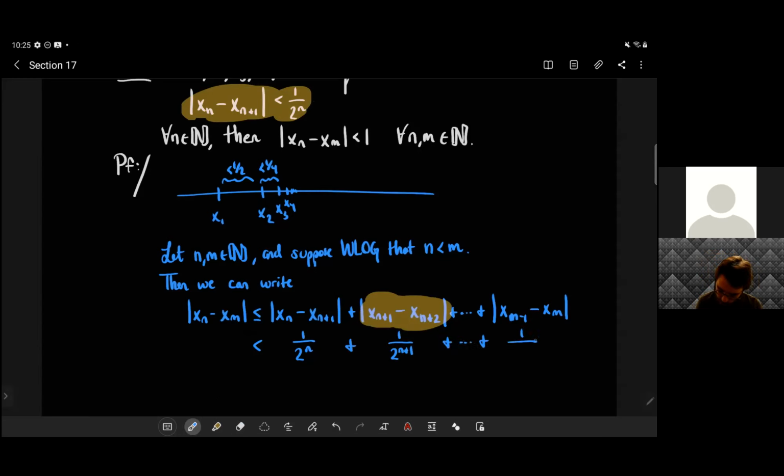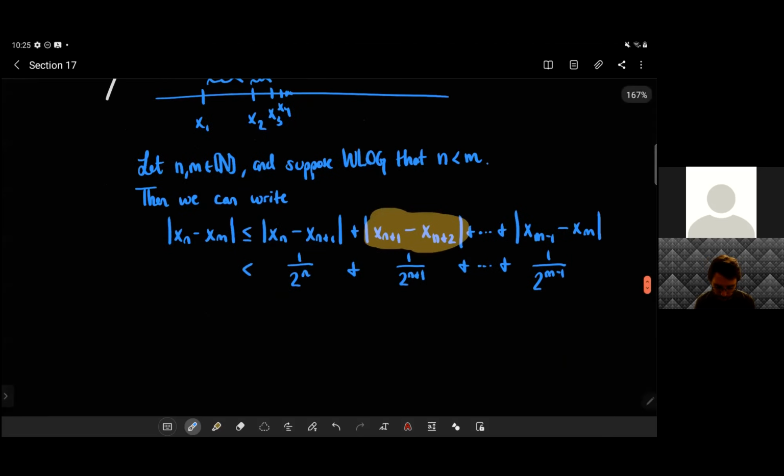This final term would be 2 to the m minus 1. Okay, so maybe I write this as a sum. Why not? Maybe I say that's k goes from n to m minus 1, 1 over 2 to the k.